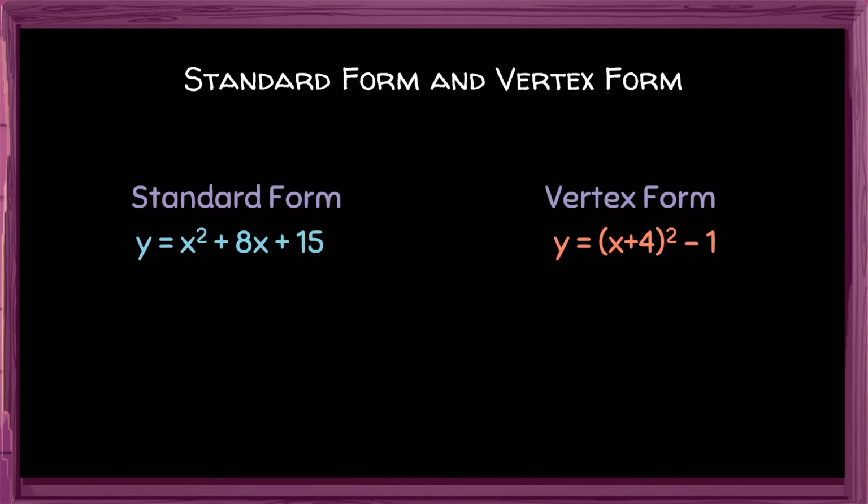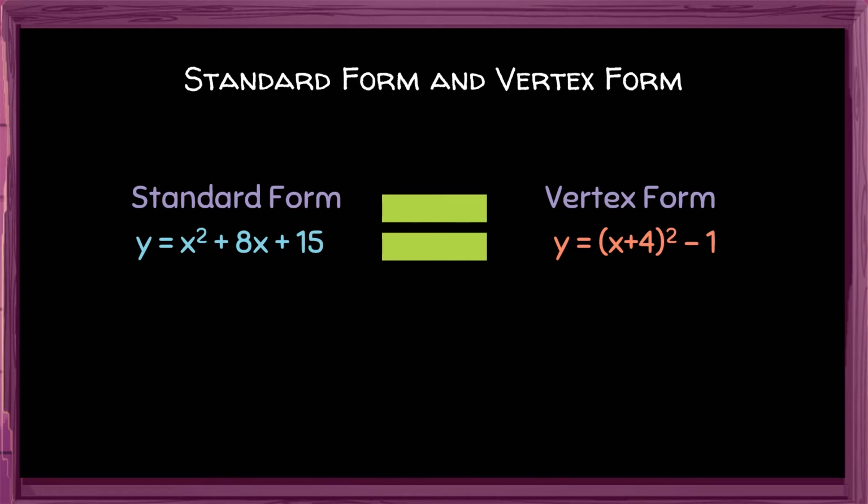But actually, it is. So before we do anything else, I want to prove to you that this standard form and this vertex form are actually different ways of writing the same equation. There's a trick we can use whenever we need to get vertex form back to standard form. We learned it in an earlier lesson. It's the FOIL technique.